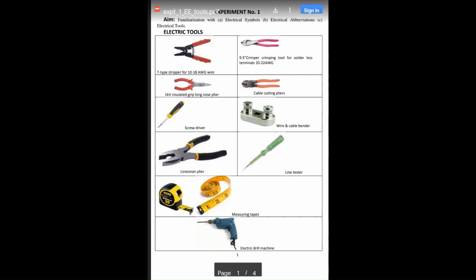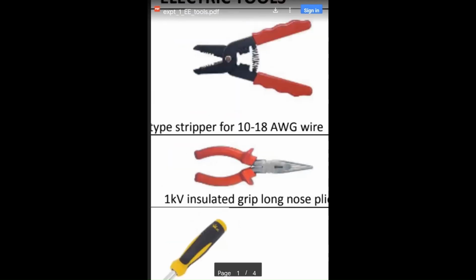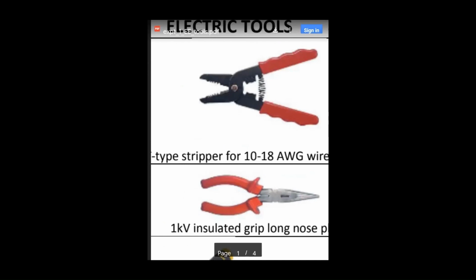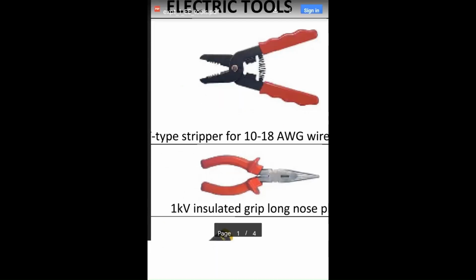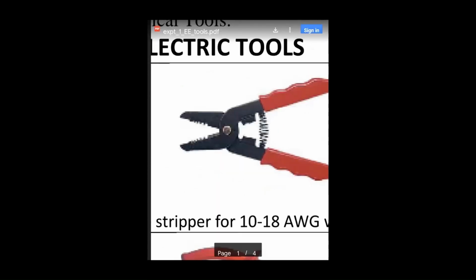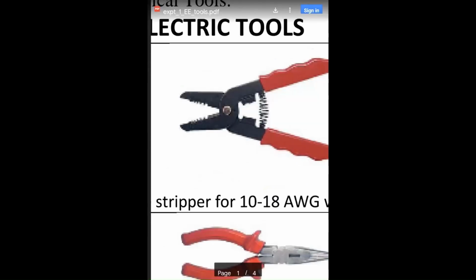The specialist plier which is available with us for this purpose is called the T-type stripper, because it has a tooth structure. You can see, I have just zoomed this diagram, that it has a few teeth. It is a crocodile type of structure.